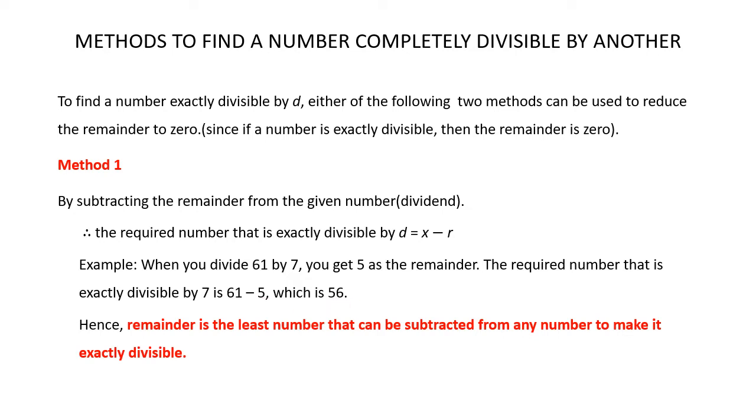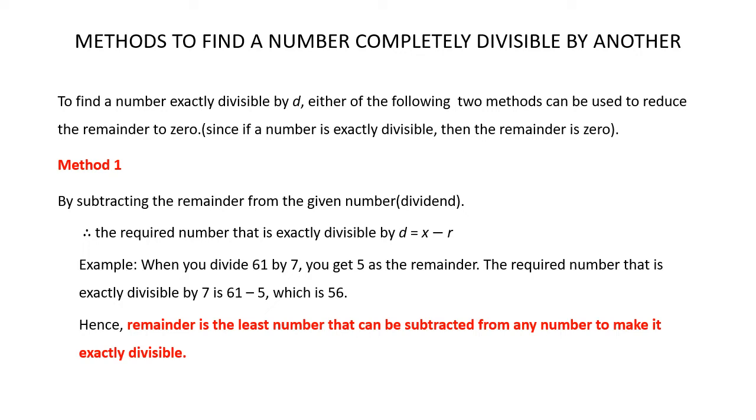What you have done here is you have subtracted the remainder from the given number. 56 is exactly divisible by 7.